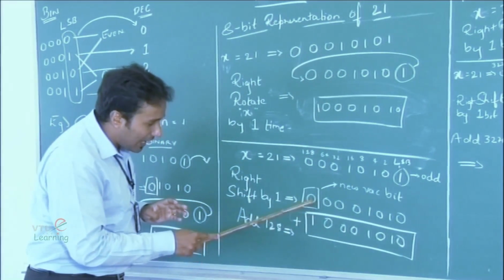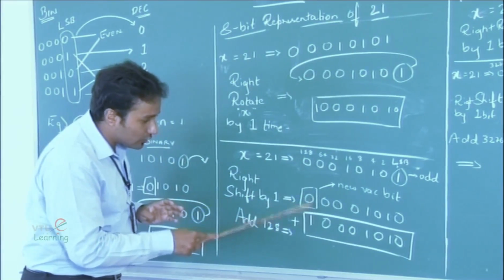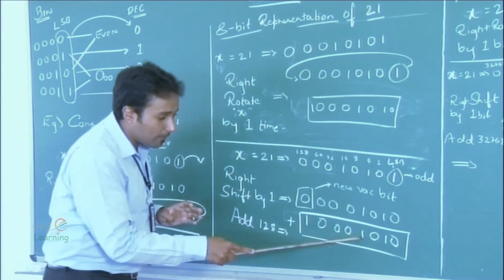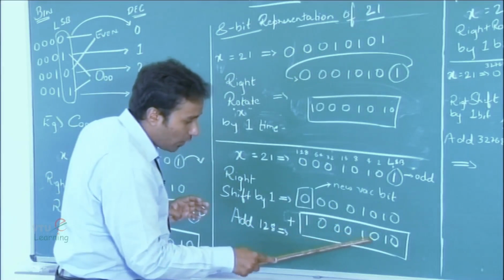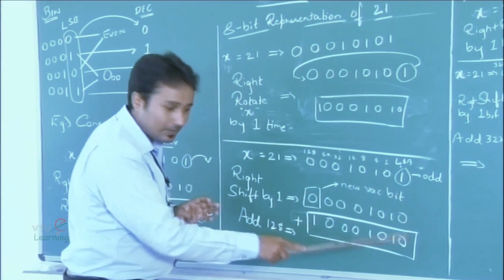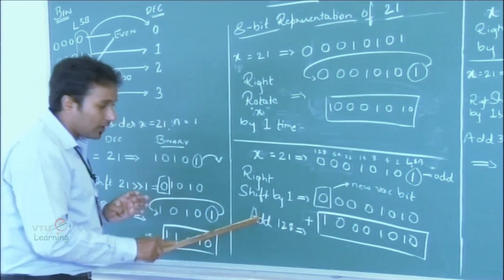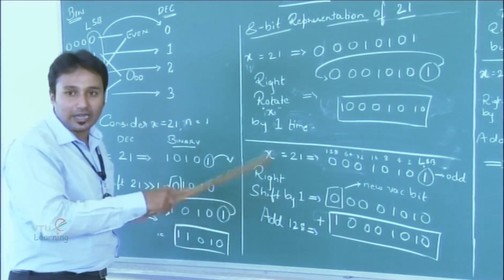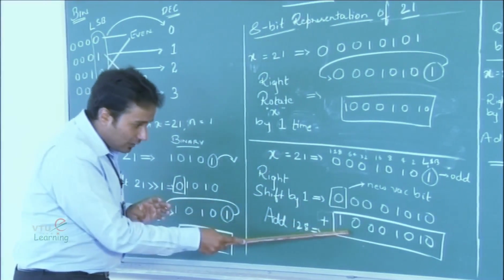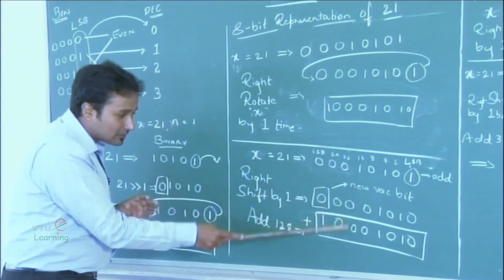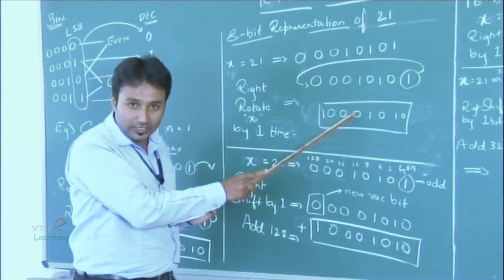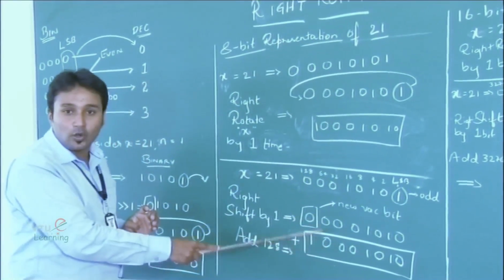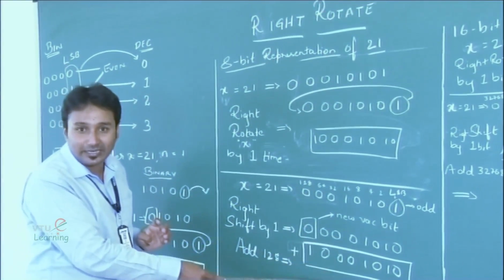Once we add the value 128 to this, the new number obtained would be 1 followed by 001010. This is the number obtained after right rotation. When we compare these two numbers, this was the number obtained logically and this is the number obtained programmatically.